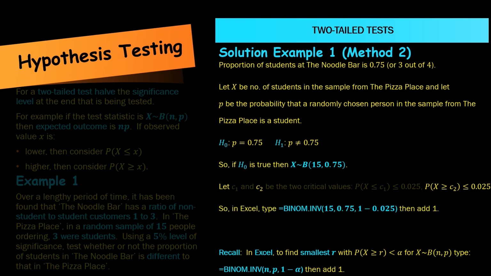So in our example, we type equals binom.inv, open bracket, n equals 15, comma p equals 0.75, comma 1 minus alpha equals 1 minus 0.025. This gives us 14, and of course we add 1 at the end in order to find this critical value C2.